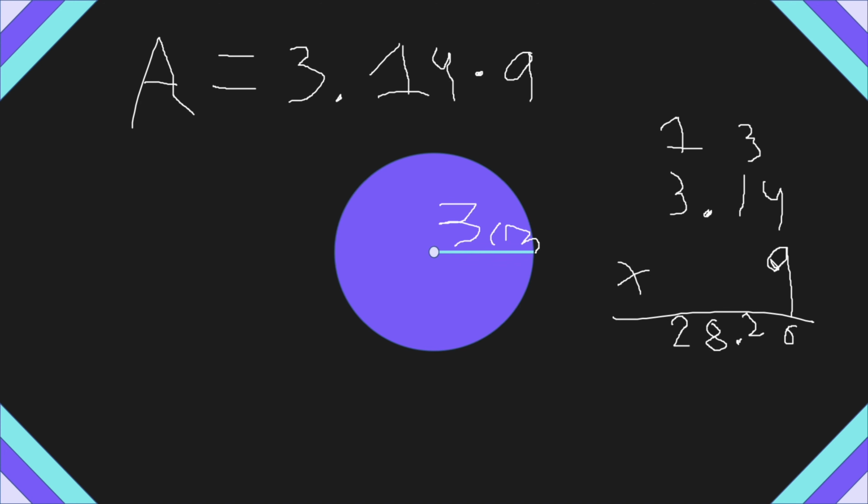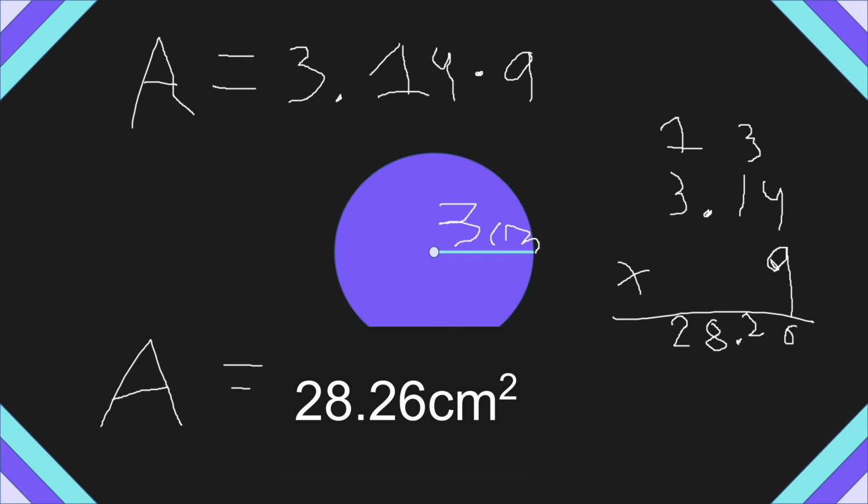And you can see that the area is equal to 28.26 centimeters. Okay, so now that we have that, let's calculate the circumference with another formula.